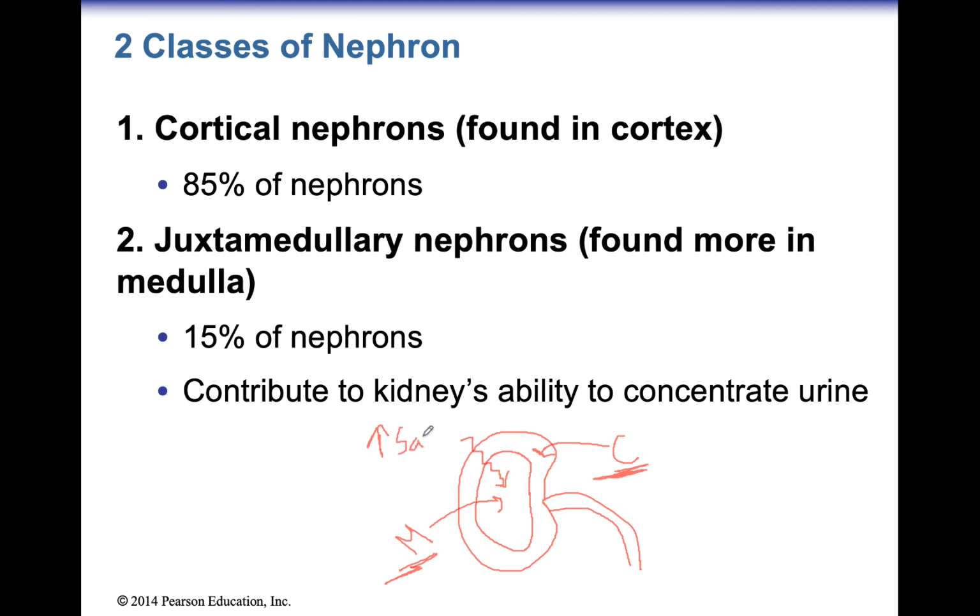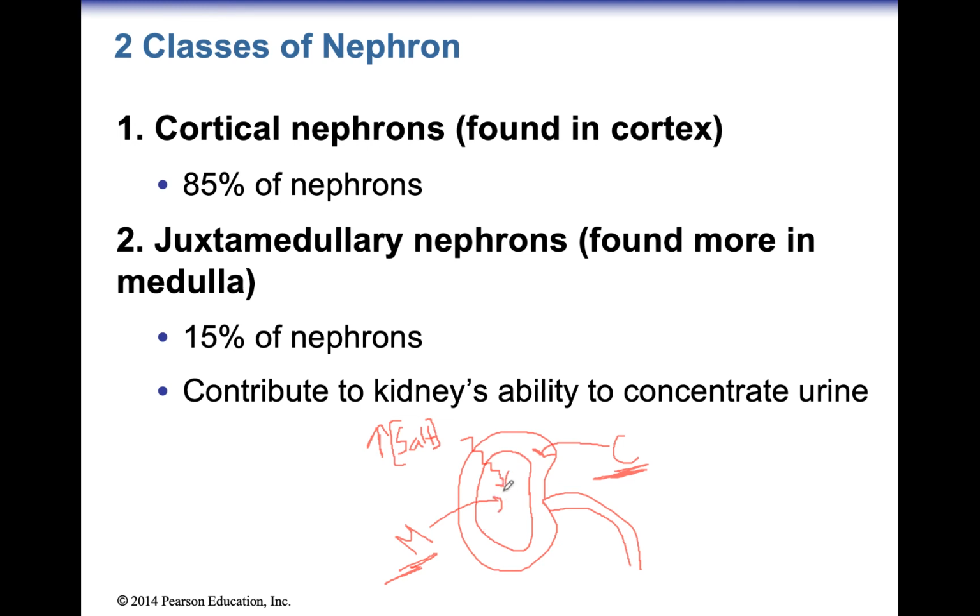So I'm going to write the word salt here, and then I'm going to put it into brackets because brackets means concentration. So in the middle of the kidney, you have a very high salt concentration. On the cortex of the kidney, you don't have that high of a salt concentration.